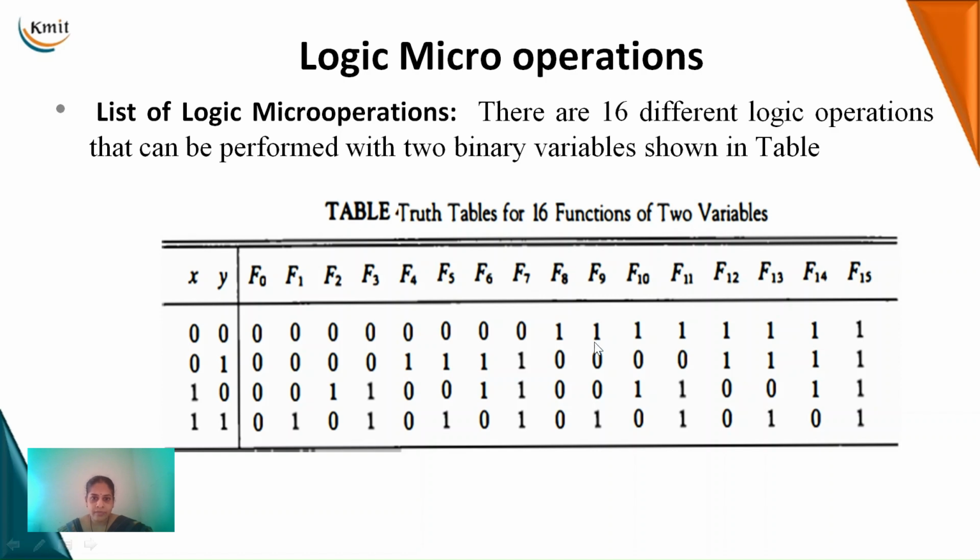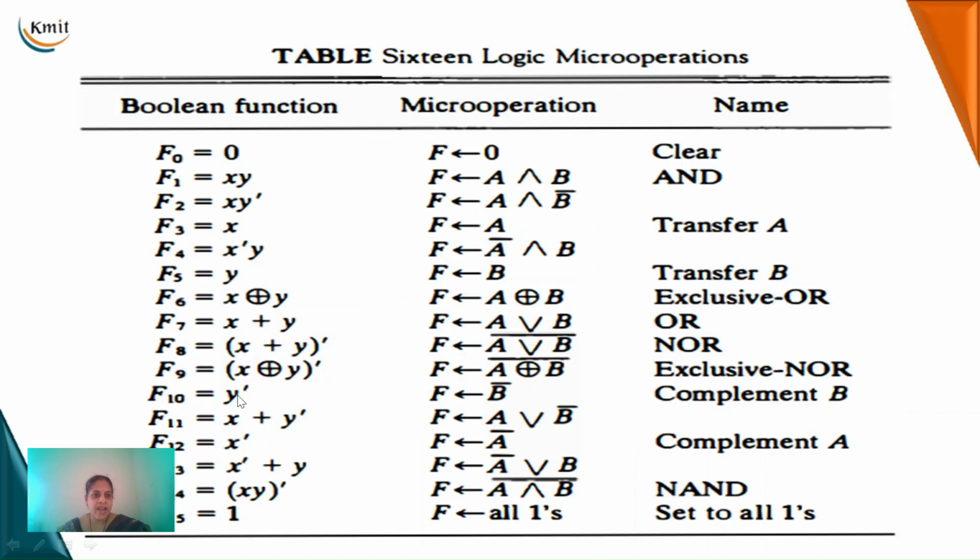So it is 0, so here it becomes 1, 1, 0, 1, 0 and 0 becomes 1. So that is F9.